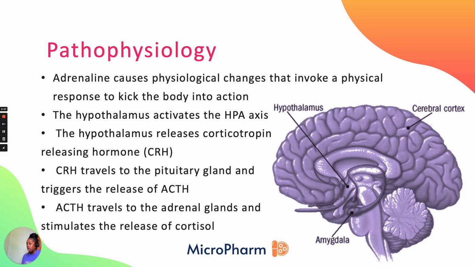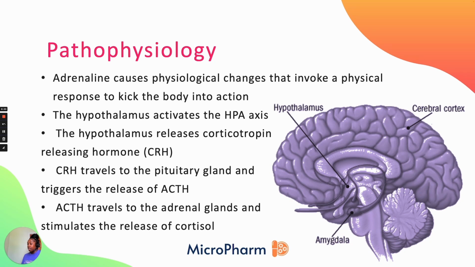So things like a faster heartbeat, increased blood pressure, more oxygen to the brain, release of glucose and fat storage from the body. And these can happen before we even become aware of them happening, and it enables the body to respond quickly without being consciously aware.